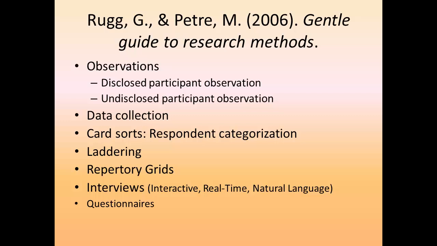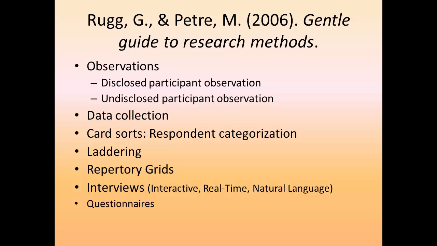In Rugg's The Gentle Guide to Research Methods, the authors start out by going through their own unorthodox process of the cockroach, cabinet maker, and cartographer principles of selecting a research method. The cockroach principle involves deciding what research method would be most appropriate and what resources are necessary.